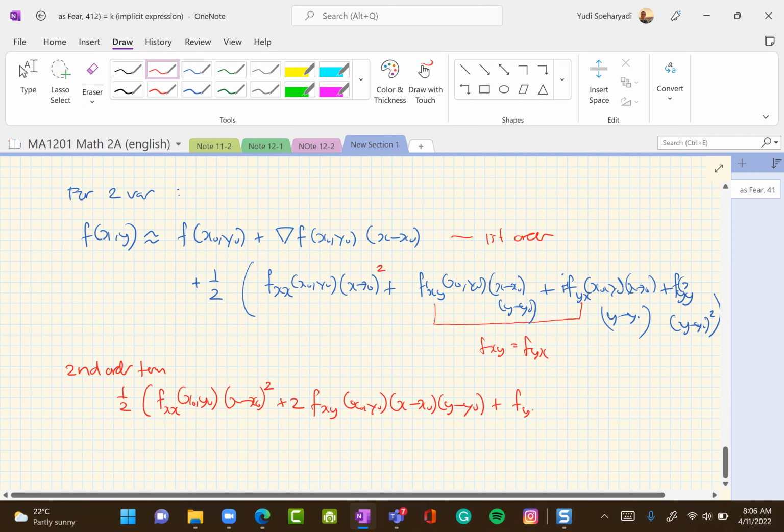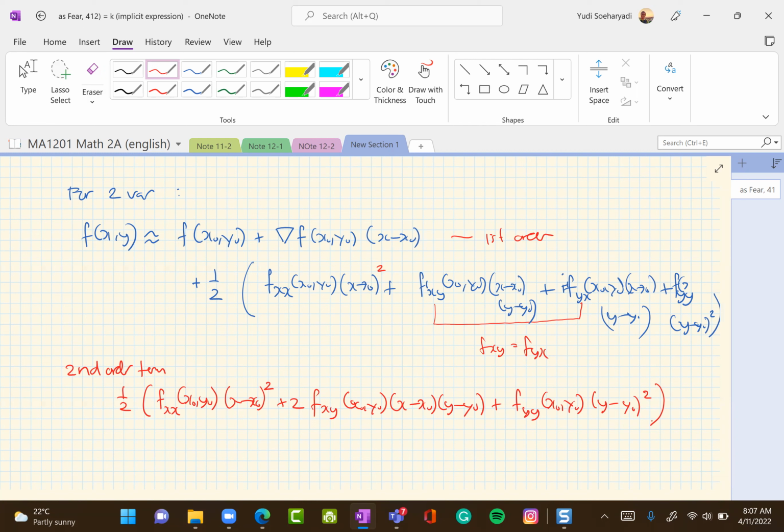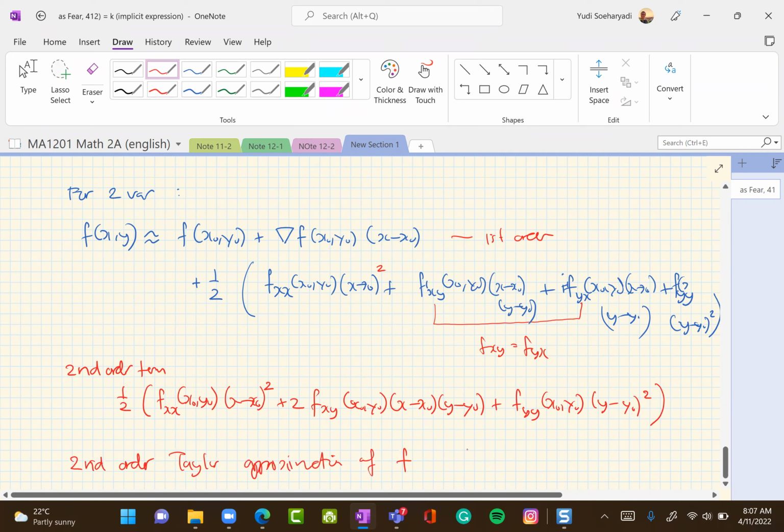Okay, this is second order. So now, with the second order, this is what we call the second order Taylor approximation of f near x0, y0. Okay, so we'll do one example for this one.